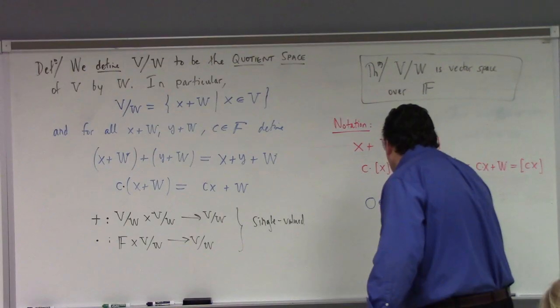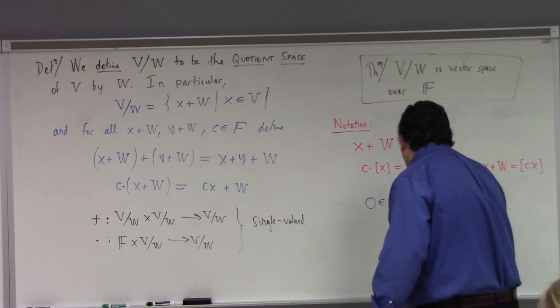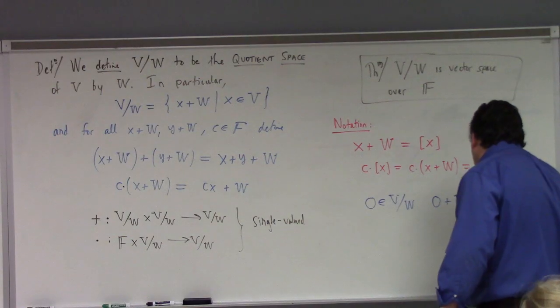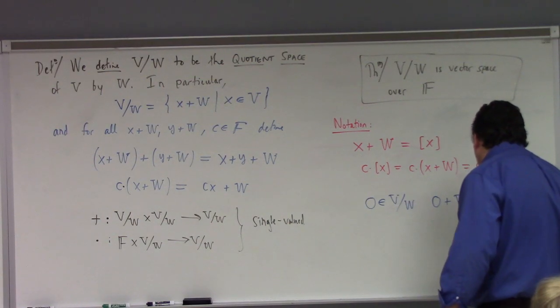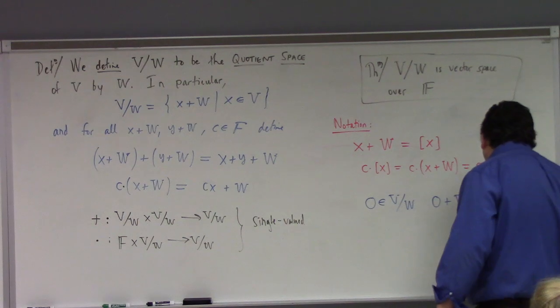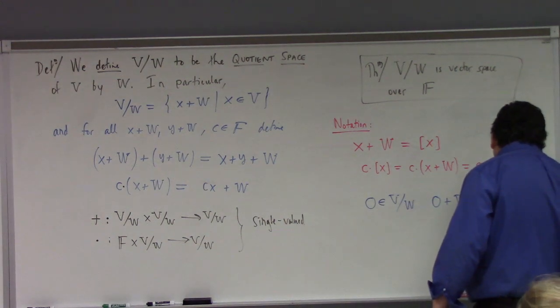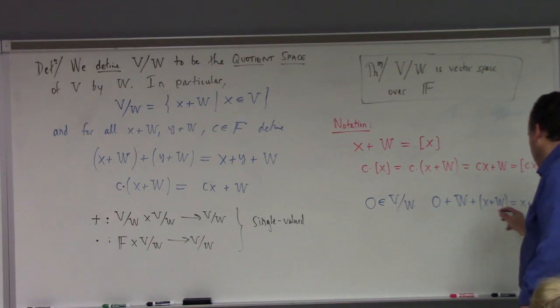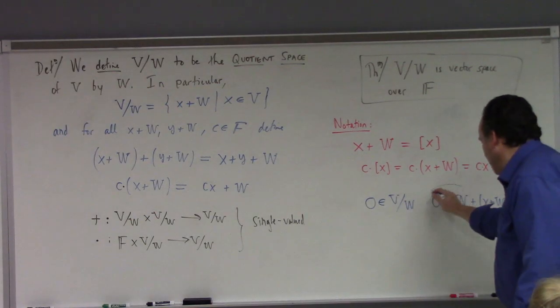What's 0 in the quotient space? You need 0 plus W plus x plus W to be equal to x plus W for all x plus W, right? So what does this thing have to be?